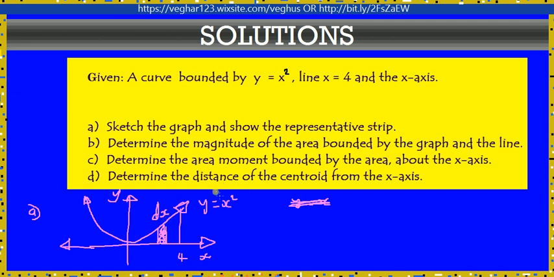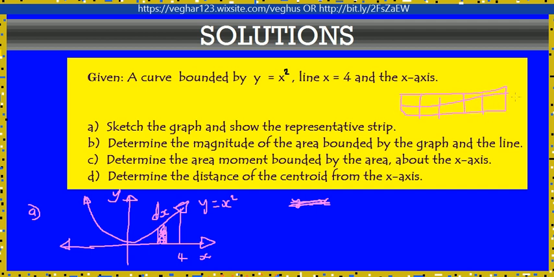You can use the table, and the table is safer if you draw it using the table. So you just draw your table, you write your x-axis values -3, -2, -1, 0, 1, 2, 3, and then you work out your equation.